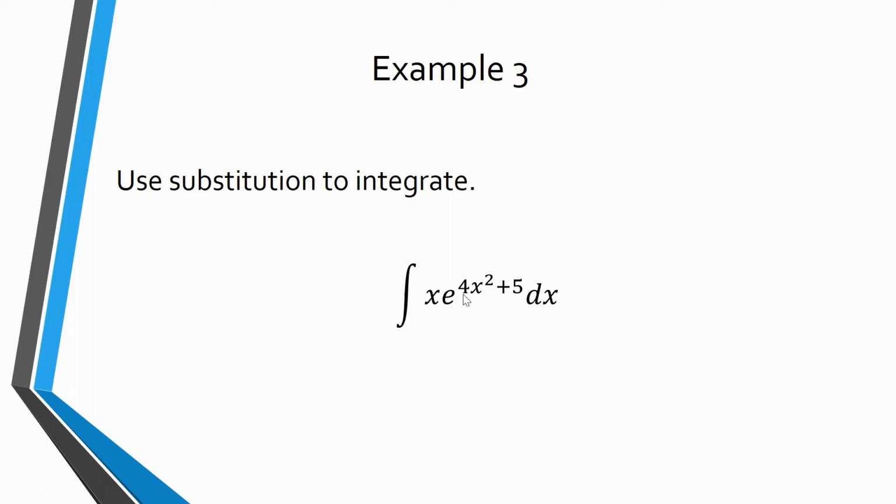So I would set u equal to 4x squared plus 5, and then hopefully this x along with the dx can be substituted in for a du in some way, shape, or form. Let's go ahead and try this.